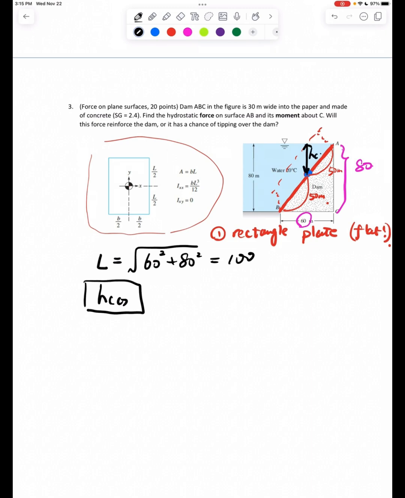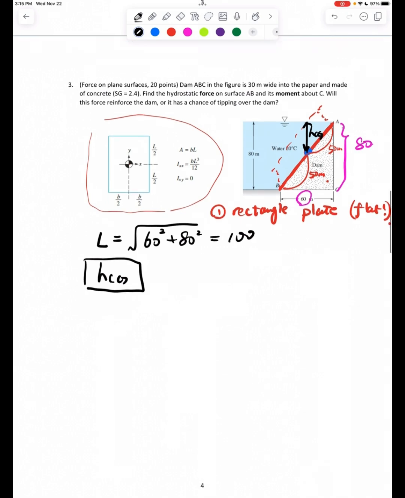So here is HCG, right? Based on this, we can do our calculation that F equals gamma HCG multiplied by A. This gamma is just rho g, so this becomes the pressure, then pressure multiplied by your area gives you the force.